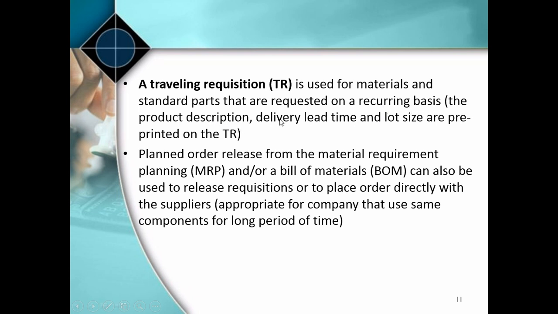The product description, delivery lead time and lot size are pre-printed on the travelling requisition. For example, if we are a restaurant, we buy chicken once a week. Next Sunday, 100 chickens come, and every Sunday, every week, 100 chickens come. That is a travelling requisition, when we have standard parts requested on a recurring basis that we have set. So we call it travelling requisition.